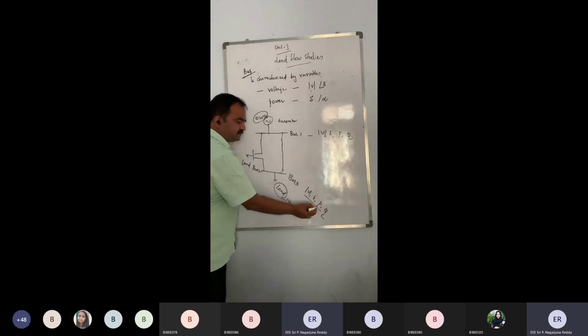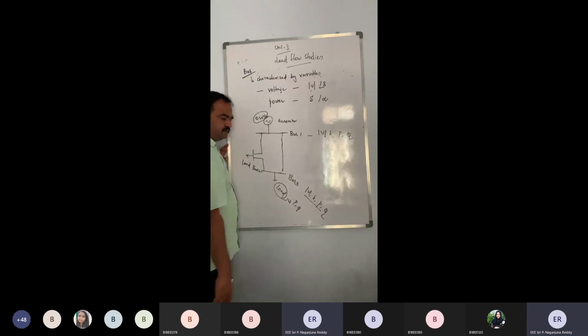Out of these four parameters, I am more concerned about P and Q. I want this much amount of power, whatever may be the voltage, whatever may be the frequency. What is my job? My job is nothing but I am supposed to get this much amount of power per hour, it's a scheduled bus.